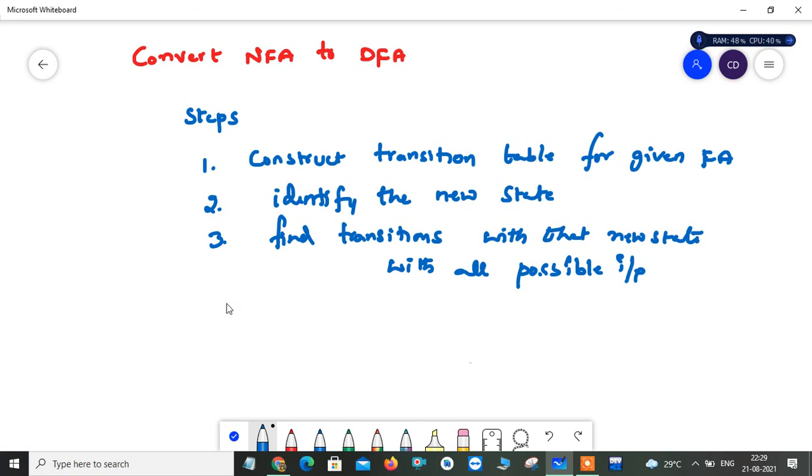You repeat the same thing until there is no new state in your newly constructed transition table. That is how you terminate.